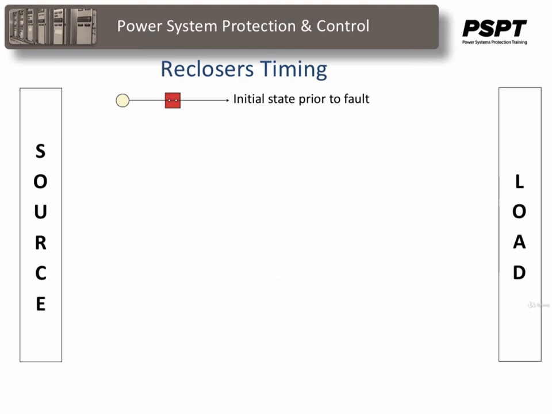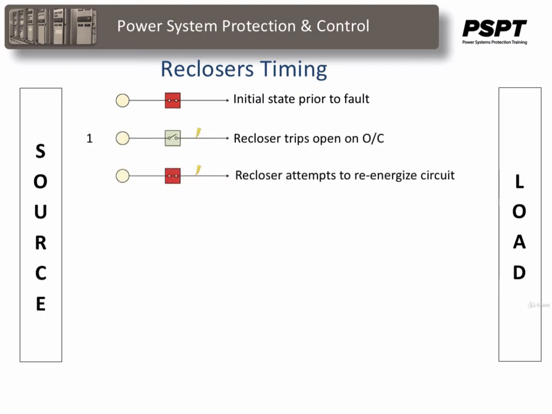This will show the operation of a recloser going through its 4 cycle stages to lock out. The initial state of the recloser just prior to the fault is shown here as red, indicating that the recloser is in a closed position.